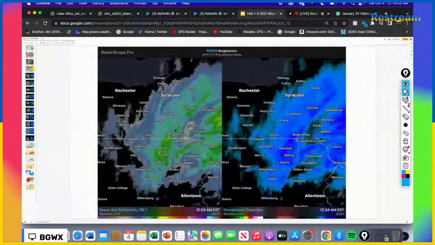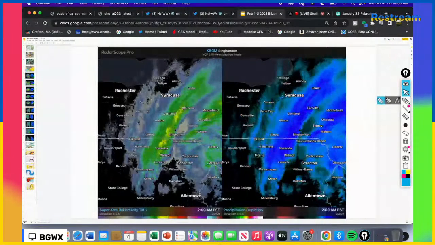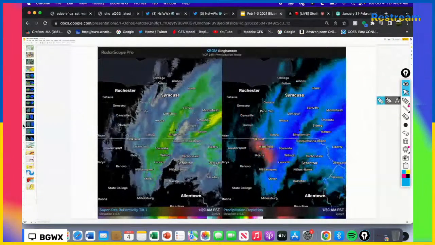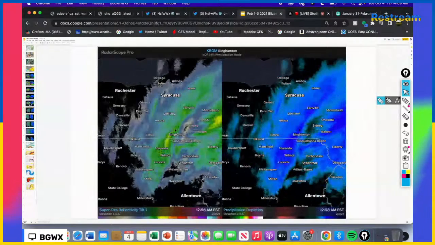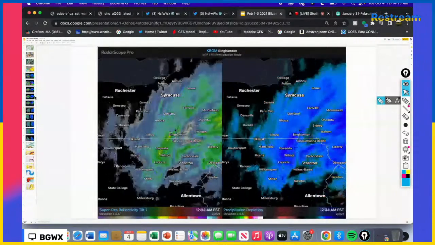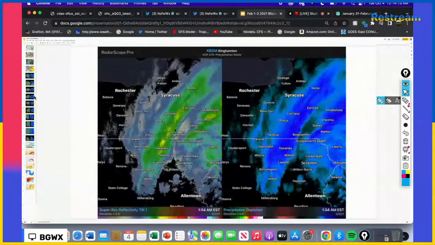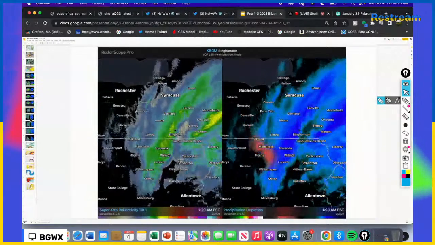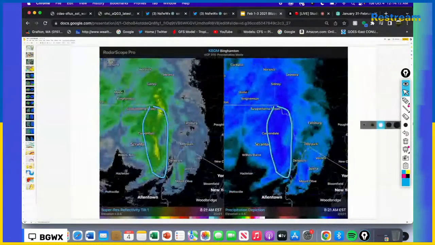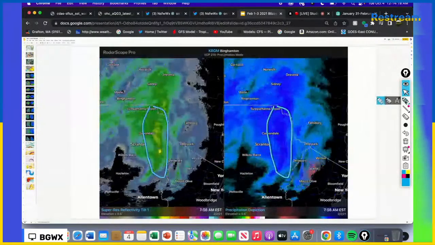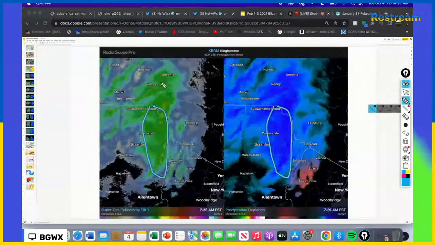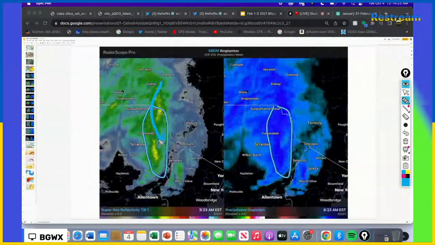All right, so this is our interior band that we just talked about. This is where they picked up 15 to 25 inches. Maybe not that much, but a good 14 to 24, maybe something like that. And then notice also feeding into that, but also pulling south, are these bands working their way down.